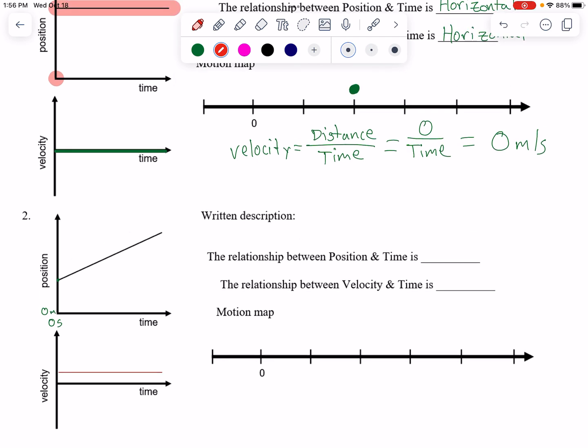So a couple things I can do. I can describe the person. When I'm thinking of a moving object, there are a few ways I can describe the object's motion. It's either speeding up, slowing down, or moving with constant velocity.